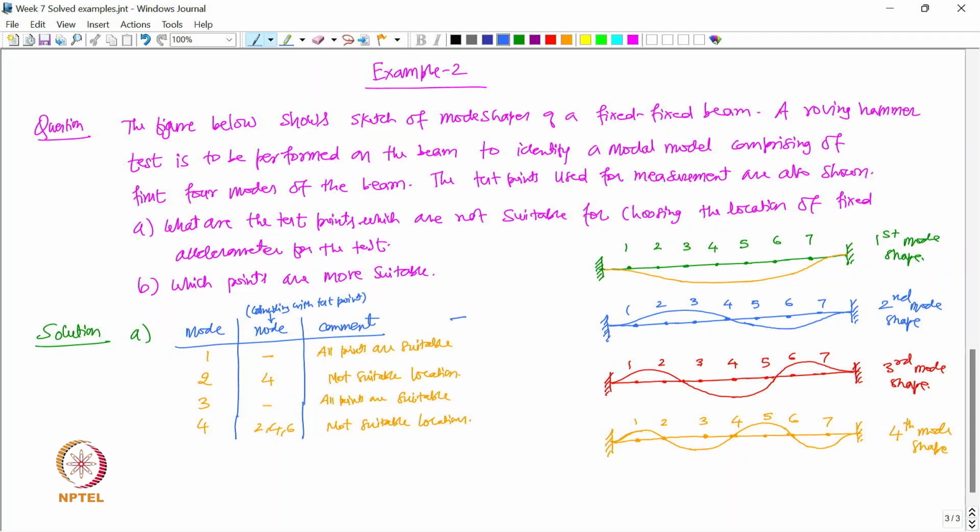That test points 2, 4 and 6 are not suitable choices for mounting the accelerometer.